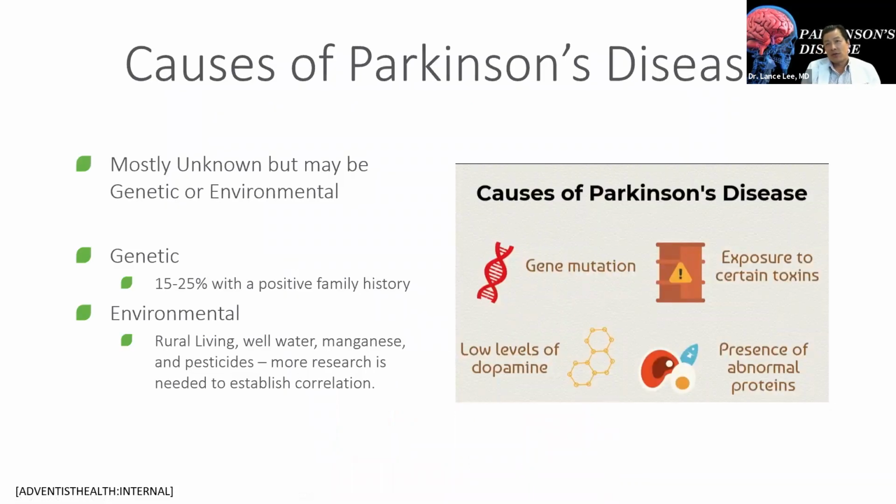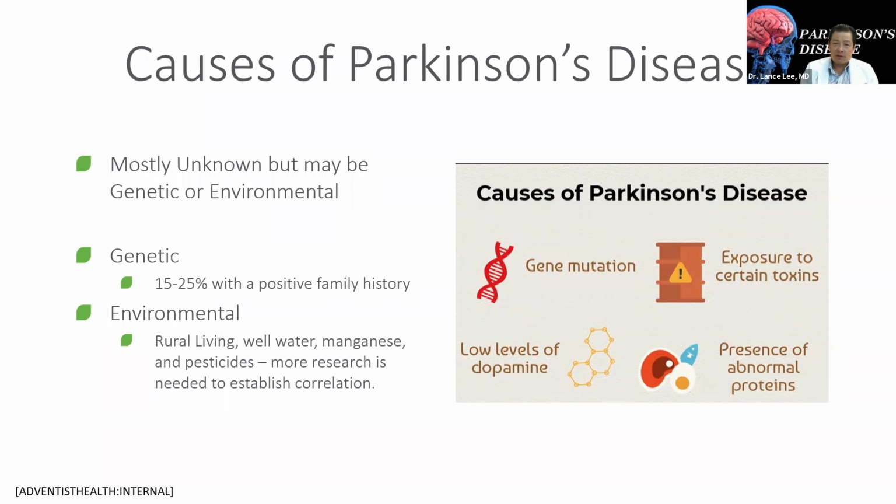So we have a slide here showing some potential causes of Parkinson's disease. To answer the question of what causes Parkinson's, I guess our answer should be we don't know, but there are some situations where familial history could be the source, a genetic source.